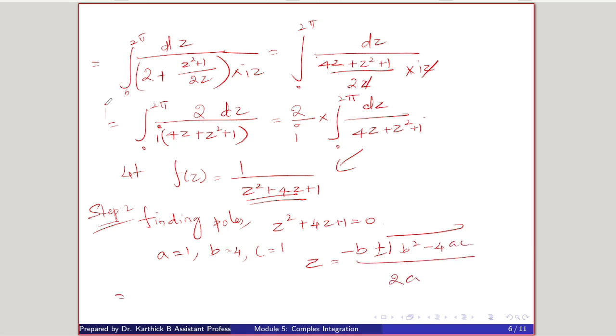If I substitute over here, minus 4 plus or minus square root of 16 minus 4, divided by 2, it becomes minus 4 plus or minus root 12 divided by 2, and this can be written as minus 2 plus or minus root 3. Here I may take 2 outside: 4 threes are 12, so I may take 4 common from this term and cancel 2 and 4, and finally we get minus 2 plus or minus root 3.